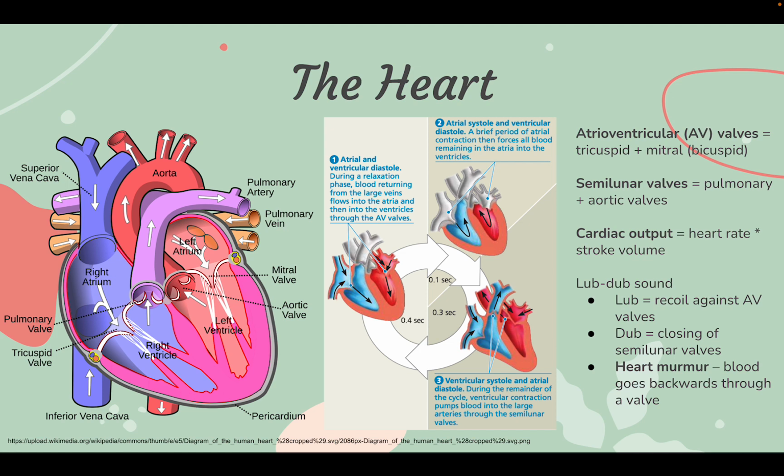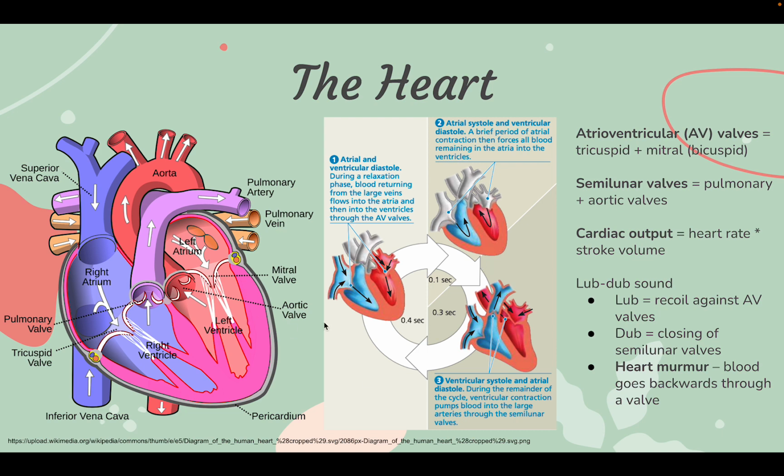Systole is contraction of the muscles, and we start with both of them being relaxed, and the atria and the ventricles getting filled up, and then we have atrial systole and ventricular diastole, basically the atria emptying all its contents into the ventricles, and then we have ventricular systole and atrial diastole, and that blood gets pumped out.